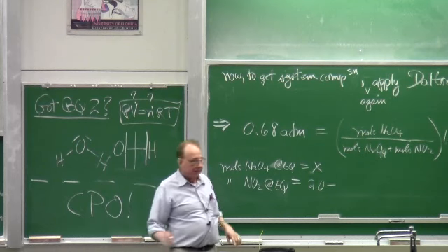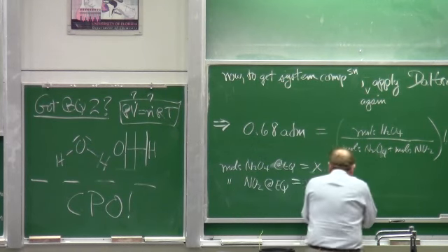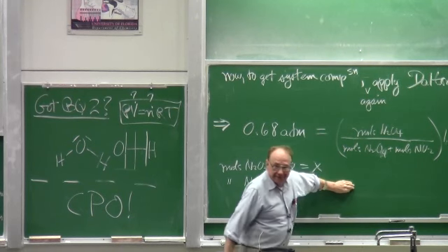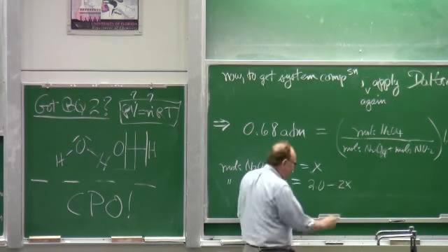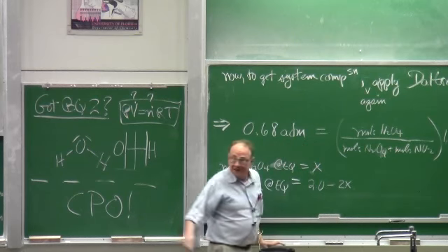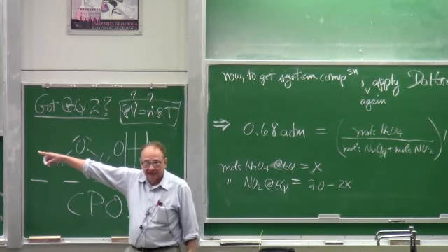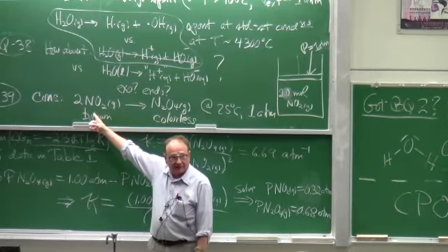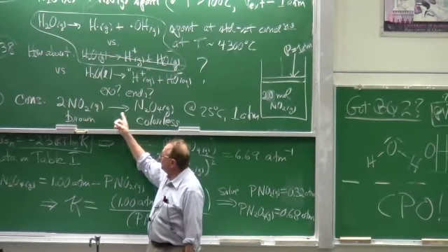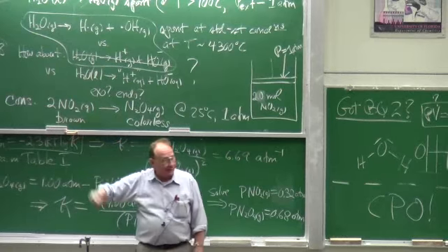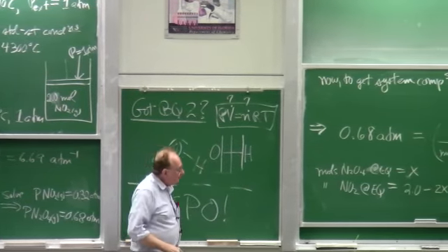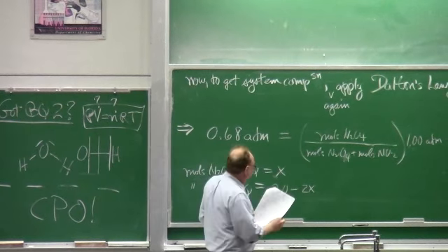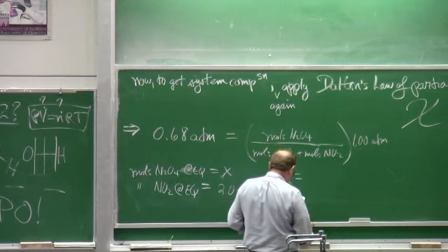What is it? What did I write? Hey, don't forget the damn stoichiometry of this thing. If you want to make a mole of this, you've got to kill 2 moles of this. So if you want to make x moles of this, you've got to knock apart 2x moles of this. And now I can put this stuff in and do the arithmetic. You can do that part.